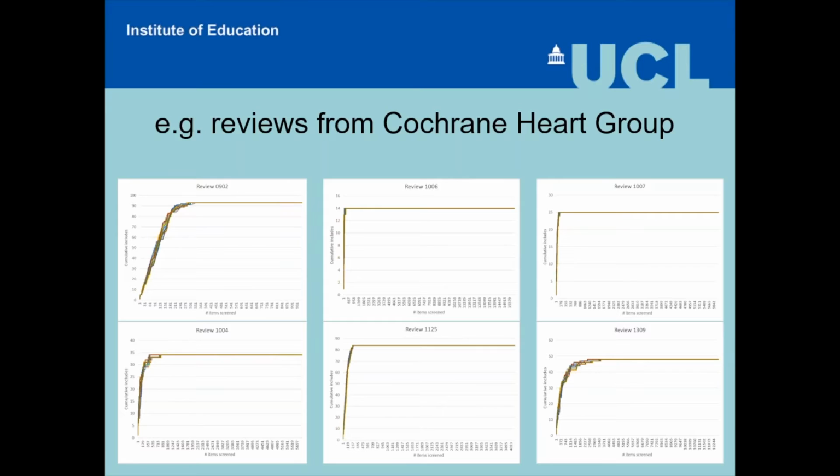I think there's also a question that methods groups are going to have to consider quite carefully as well, because I know there's at least one Cochrane review which is using machine learning to literally eliminate citations automatically, but I don't think that it's something which has yet got cross-collaboration agreement on exactly how we should do it yet. I think that it would be irresponsible if we didn't fairly soon, because we're just wasting resource at the moment. But we obviously have to do it in a methodologically robust way.